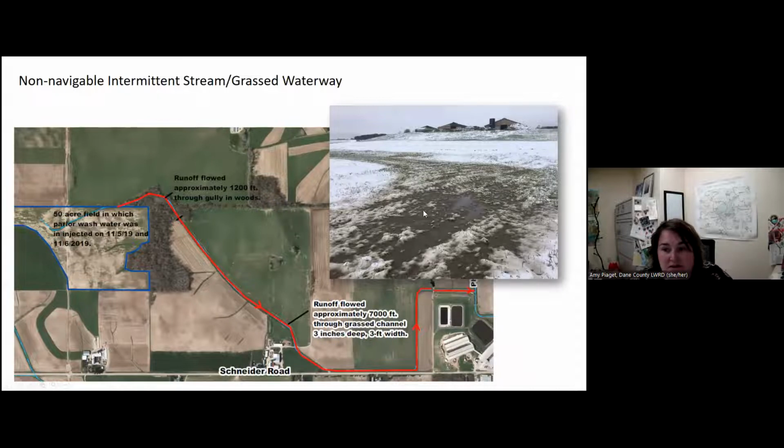And as you can see, we had material flowing through that grass waterway system down to another, basically a navigable intermittent stream that was determined down here. So the case here is sometimes an intermittent stream can also be a grass waterway in some of our cases, and they both fall under the definition of a concentrated flow channel.